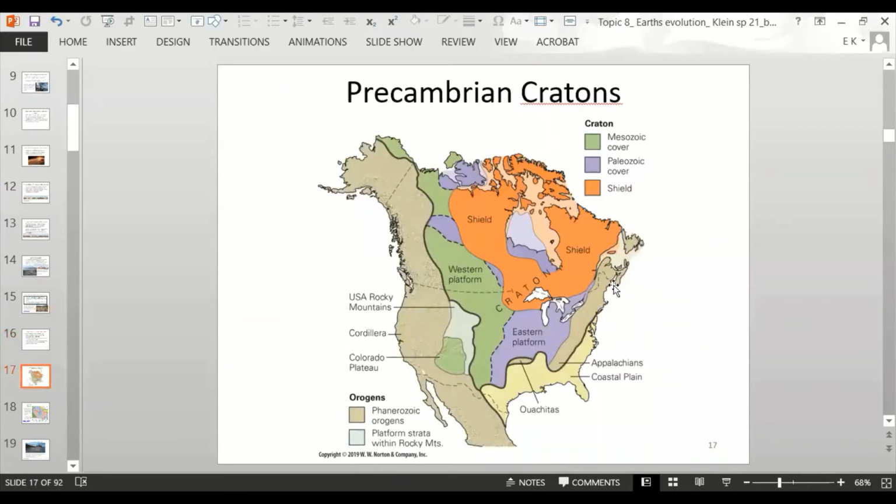Okay, and then you have younger pieces that got added onto the cratons later on in Earth's history. So you had the addition of, let's say, the Appalachian Mountains, things like that. Those were added onto the cratons later on in Earth's history.